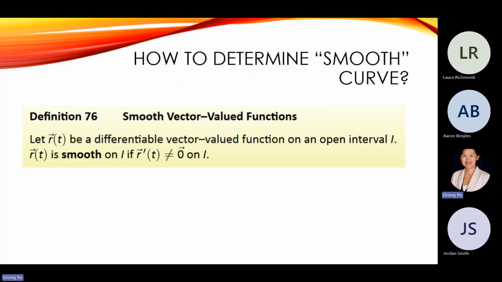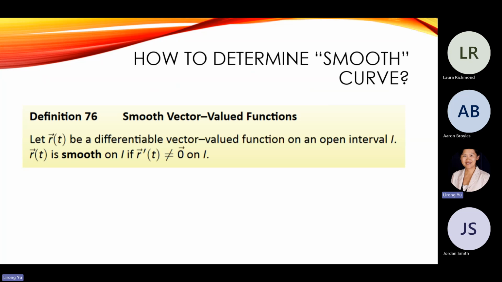So we would possibly have a sharp corner whenever the derivative is the 0 vector.